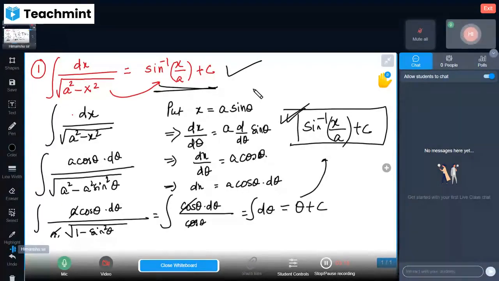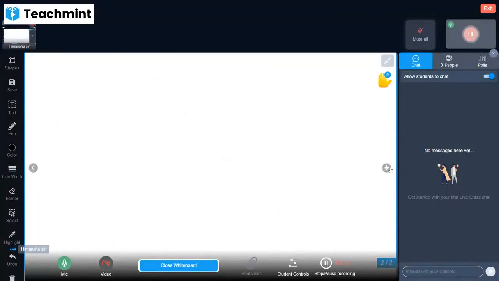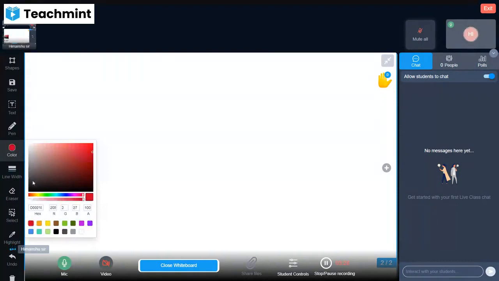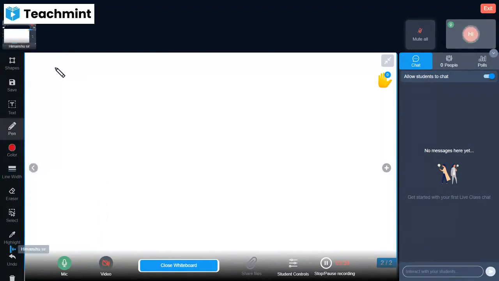Okay, let's move to the questions part. There is a beautiful question given in Elements of Mathematics. Question number 1: the integral of dx upon the square root of 11 minus 4x square.